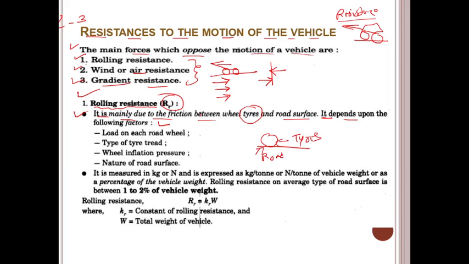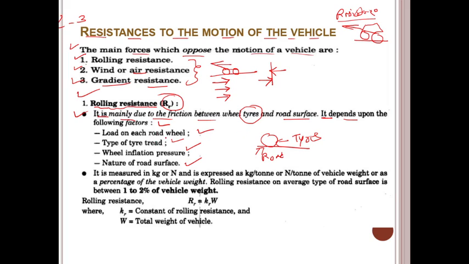So the friction between the wheel, tire and road, which is called rolling resistance, depends upon the following factors. Which ones? Load on each road wheel, type of tire tread, wheel inflation pressure, and nature of the road surface. These are the four factors on which rolling resistance depends.